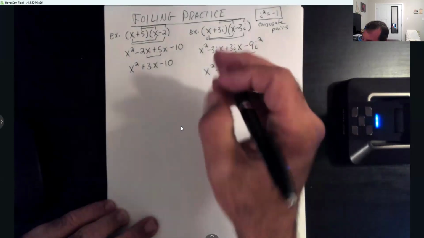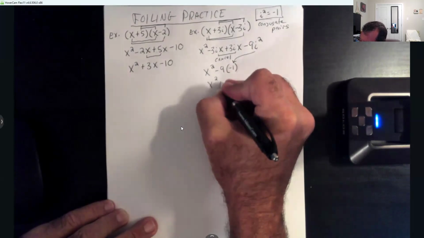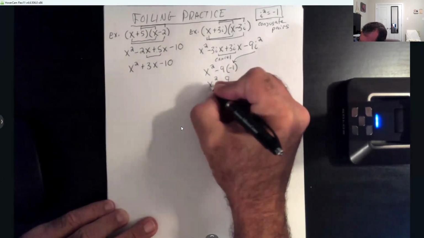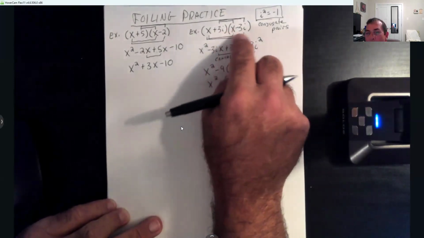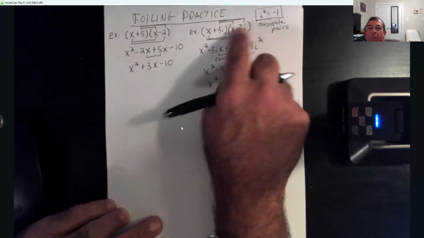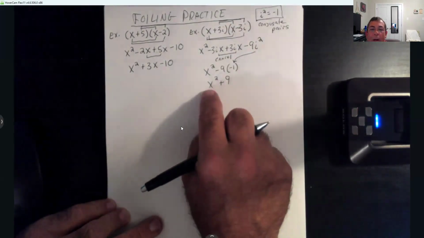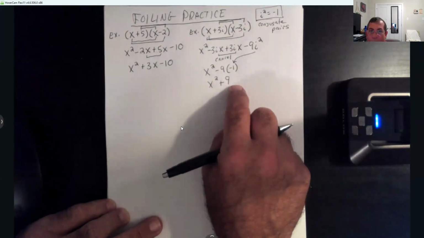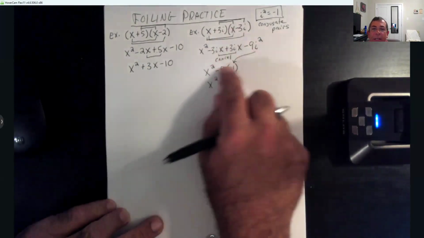So this becomes what? An x squared, negative times negative, makes that a +9. So when you FOIL imaginary numbers and they're conjugate pairs like this, it's going to end up x squared plus the number, okay?